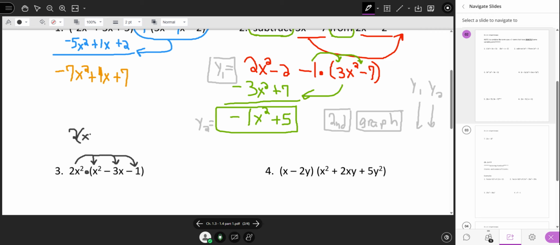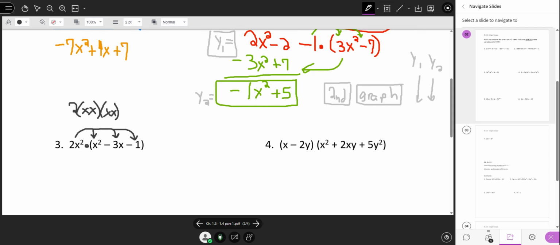So sometimes going back to an old way, back from the 60s and 70s, sometimes the old way is the best way. x squared times x squared makes how many x's right here? Not 2 of them. Looks like 4 of them to me. So 2x squared times x squared makes 2x to the 4. And then that shows me a minus.